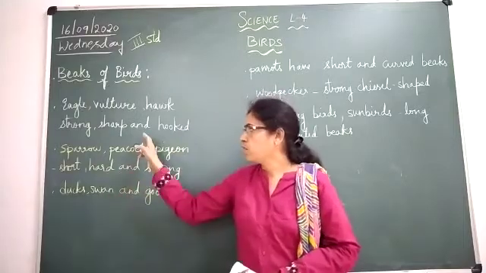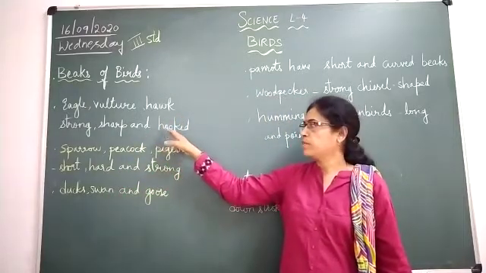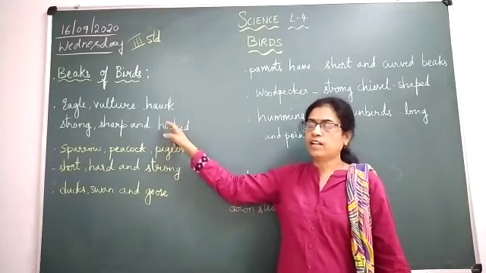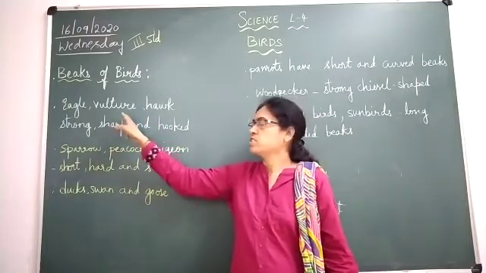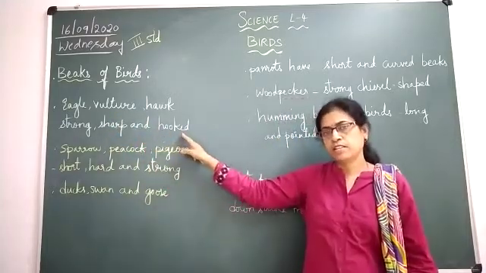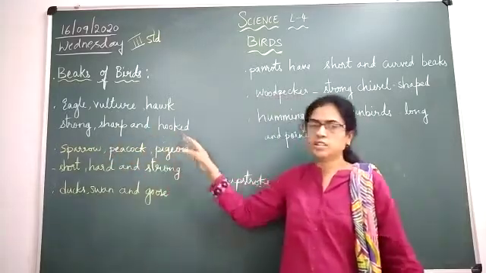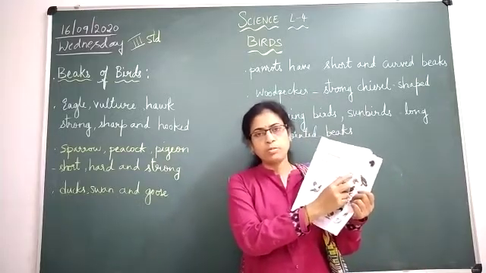These birds are called birds of prey because they hunt small animals and eat them. They also have very sharp eyesight. You can see the hooked beak in the textbook.